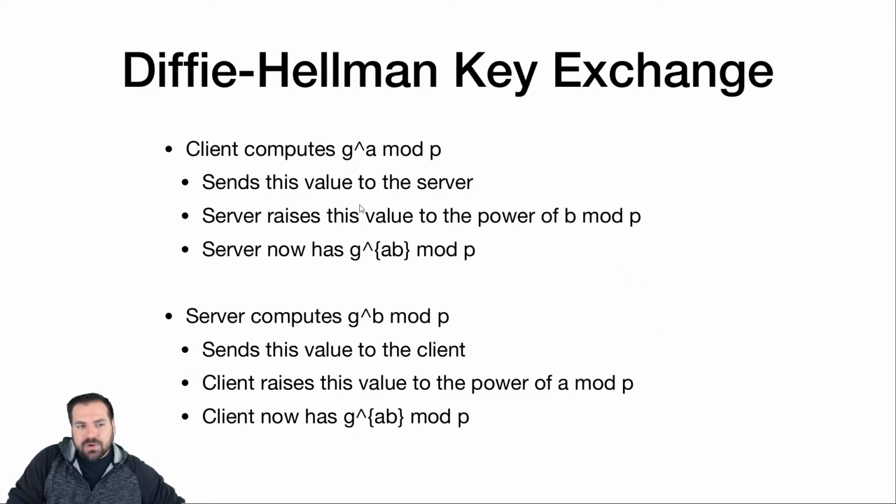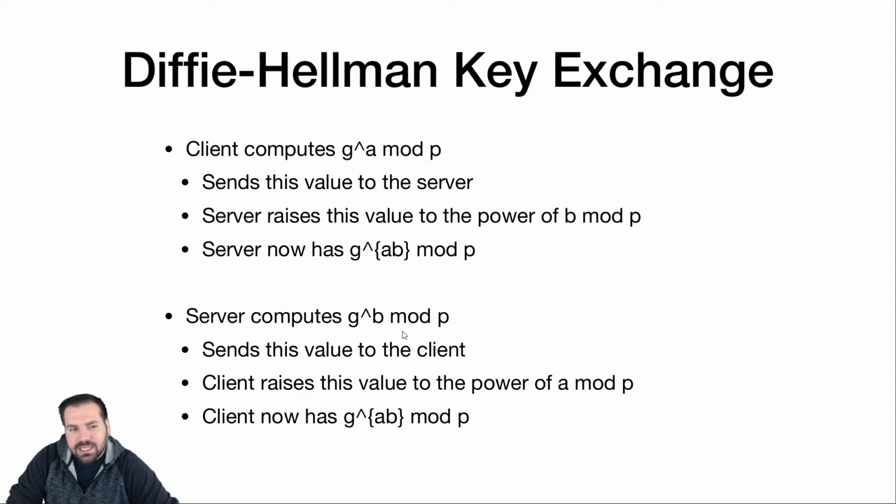Both client and server are going to take g raised to their value mod p, and send that to the other side. The other side is going to raise whatever value they receive to their own value. So the server computes g to the b mod p and sends that to the client. The client takes this value, raises it to the a mod p, and the server does the same thing mirrored on the other side.